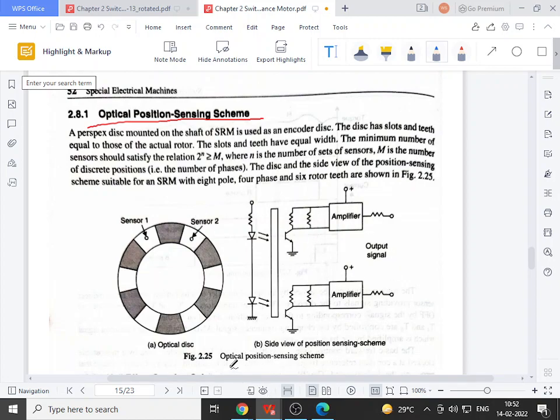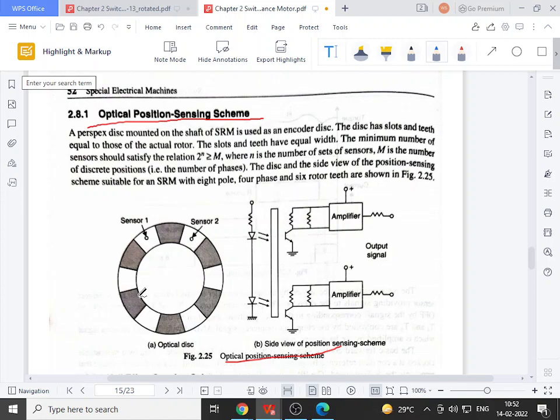I think you are not familiar with the optical position sensing scheme, so this is what it is. This sensing scheme generally consists of a perspex disc with a certain number of teeth and slots.